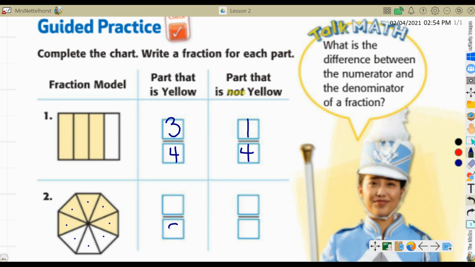So I know that both of these have 8 equal parts altogether. Now I'm going to count the parts that are yellow for the first column. 1, 2, 3, 4, 5. 5 are yellow, and then 1, 2, 3 are not yellow. So 5/8 and 3/8. Okay, we're going to go on to the independent practice.